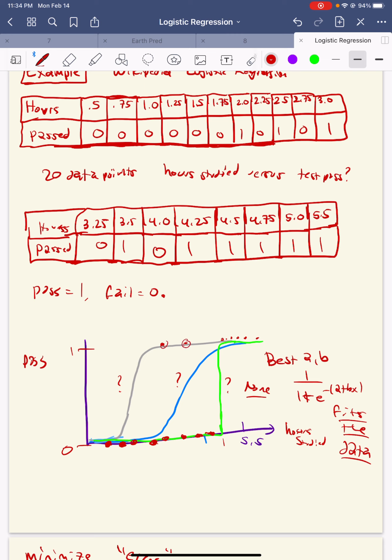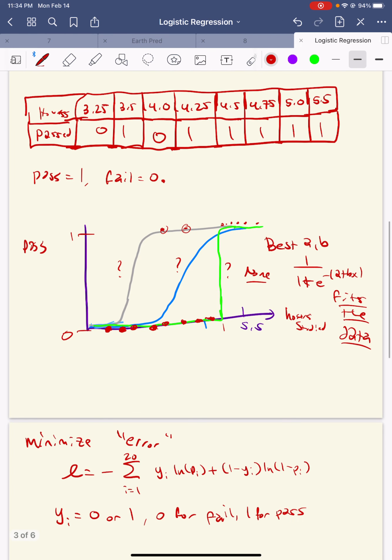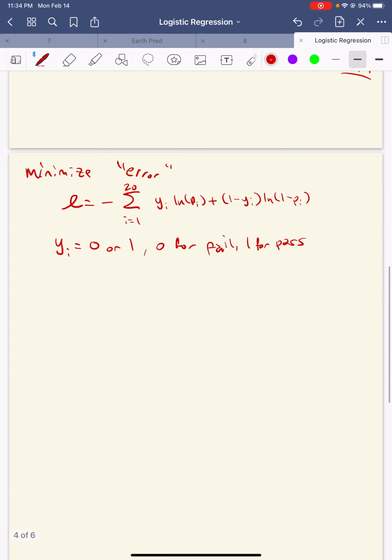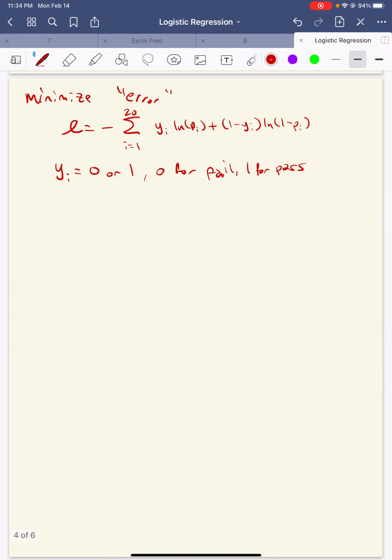So the blue one intuitively should be the one that fits best, and you'll see at the end that the Wikipedia article's curve looks similar to the blue one I've just drawn. So the question is, how do we answer this fits the data question? And we formulate that through an error minimization.